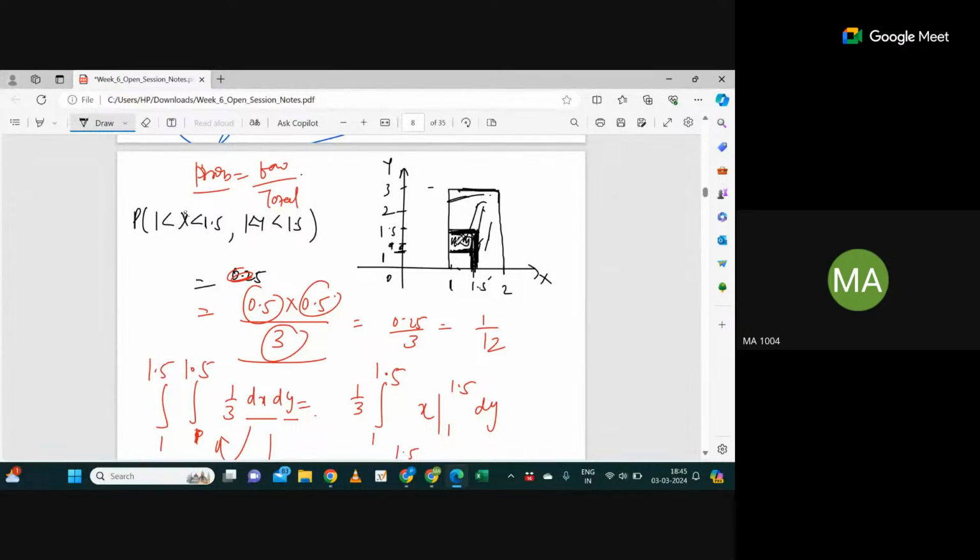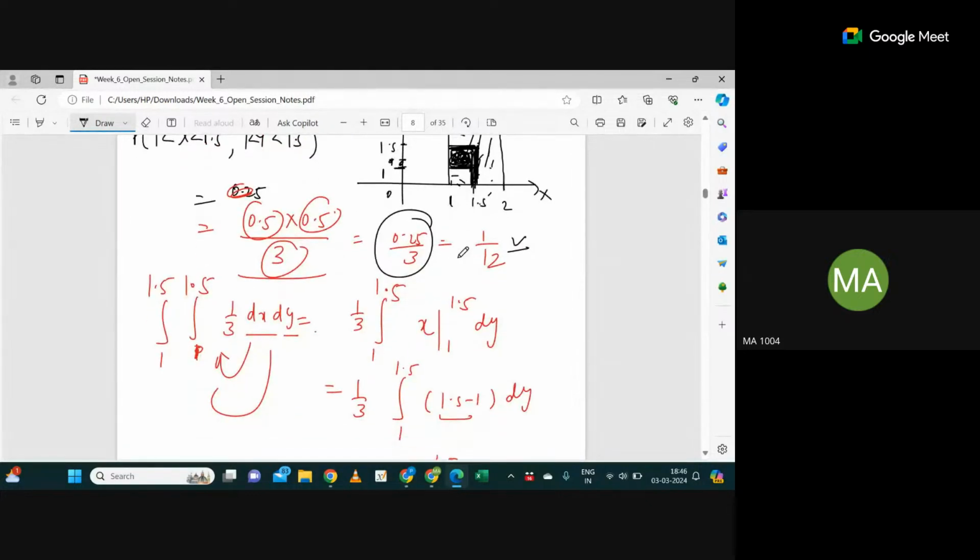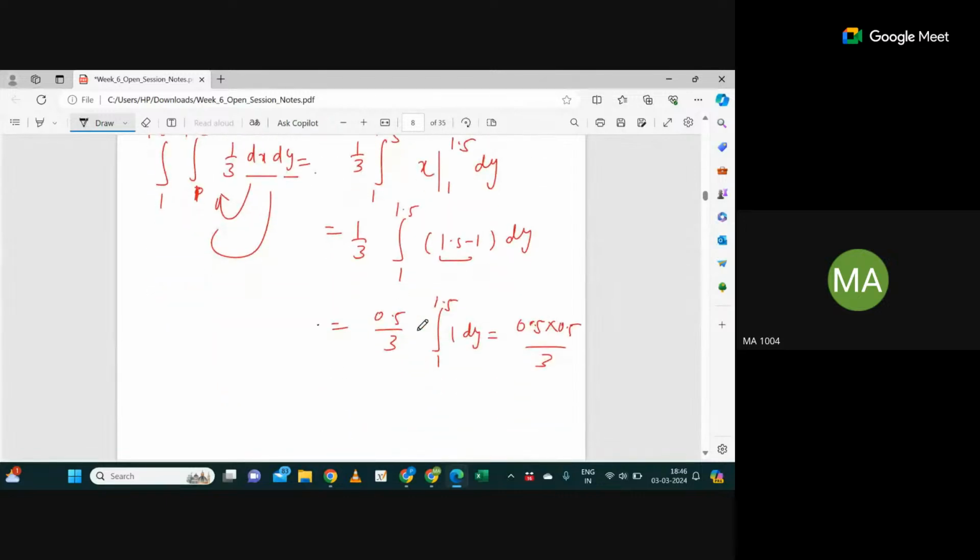So for this one, what is the area? 0.5 into 0.5, that is 0.25. And the total is 3, so it is 0.25 by 3. Thanks for the correction. If it's 0 to 1.5, then this would be bold. Now, if you do the same thing with the integration part, we'll get the correct answer.